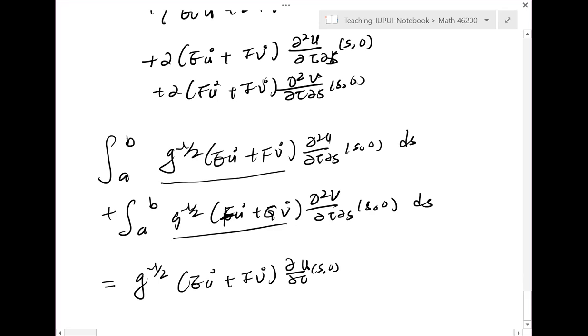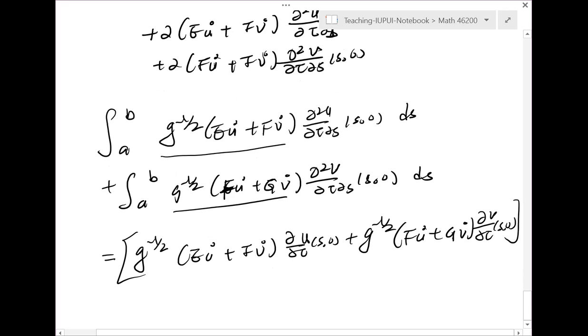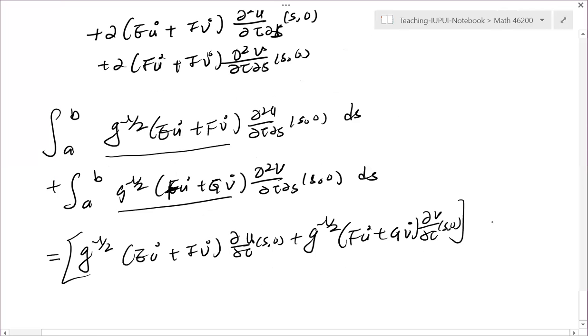And plus the second term. So this will be at the two endpoints, and that's the integration by parts.